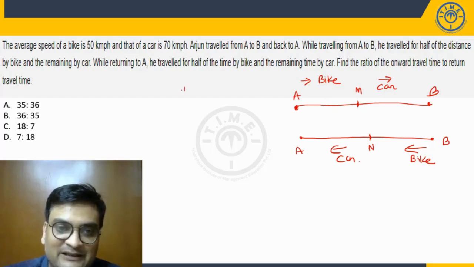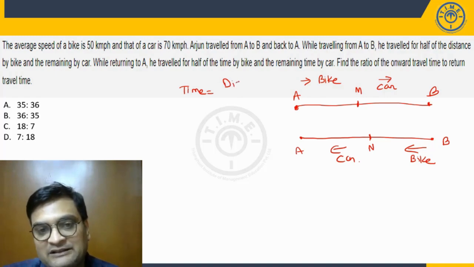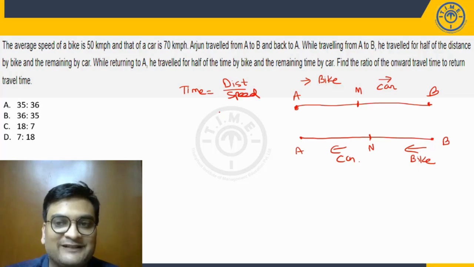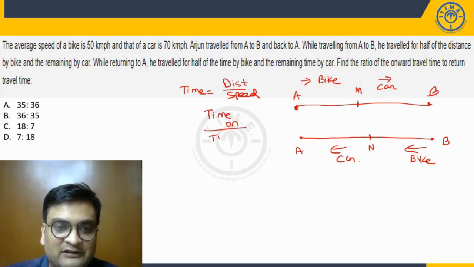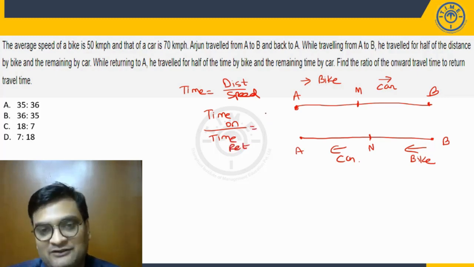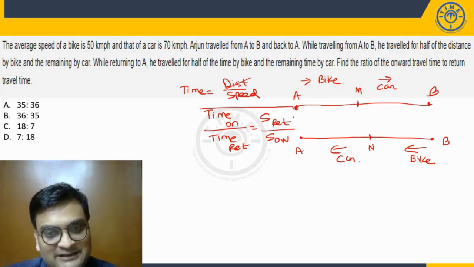So the time is nothing but the basic formula that we have, distance by speed. If he's asking us the ratio of the times, onward travel time and return travel time, can I say since distance is constant, it will be nothing but speed for return journey divided by speed for onward journey.